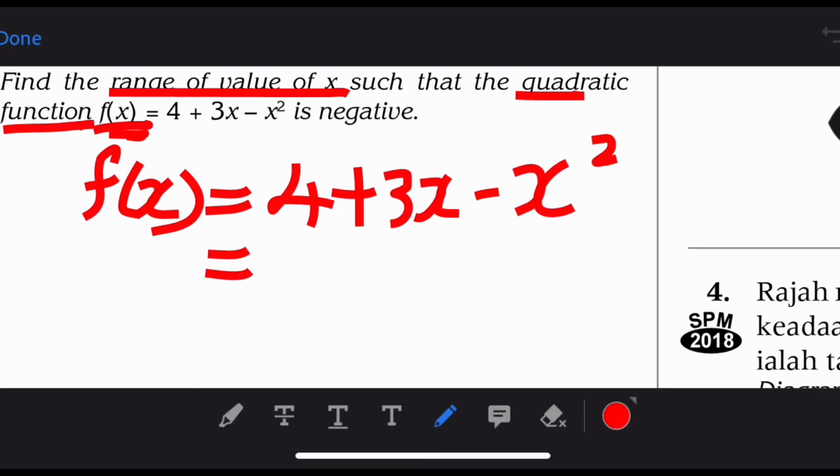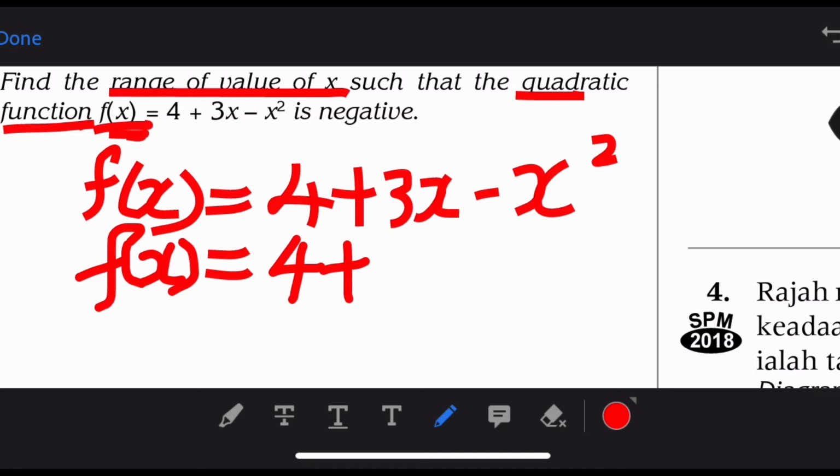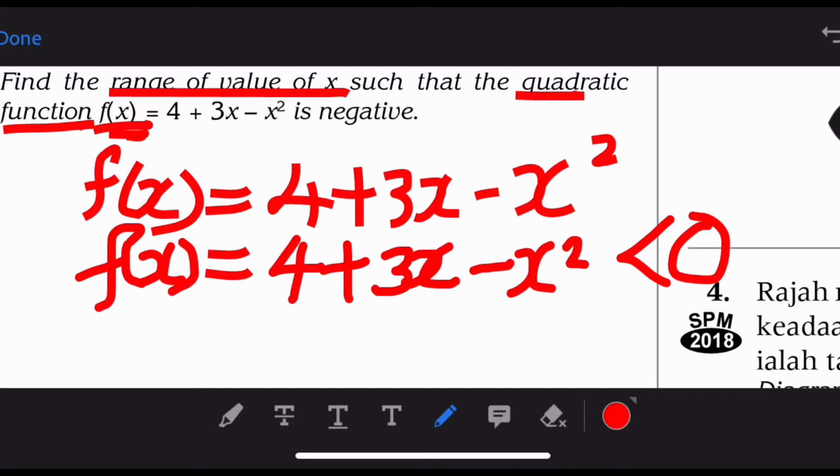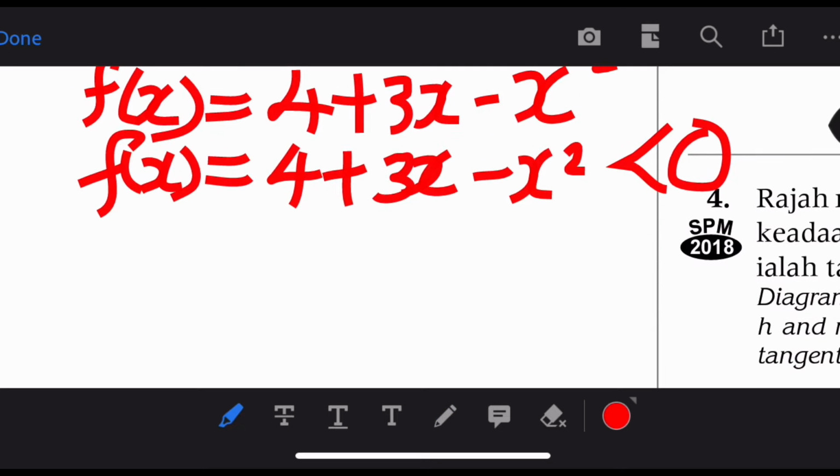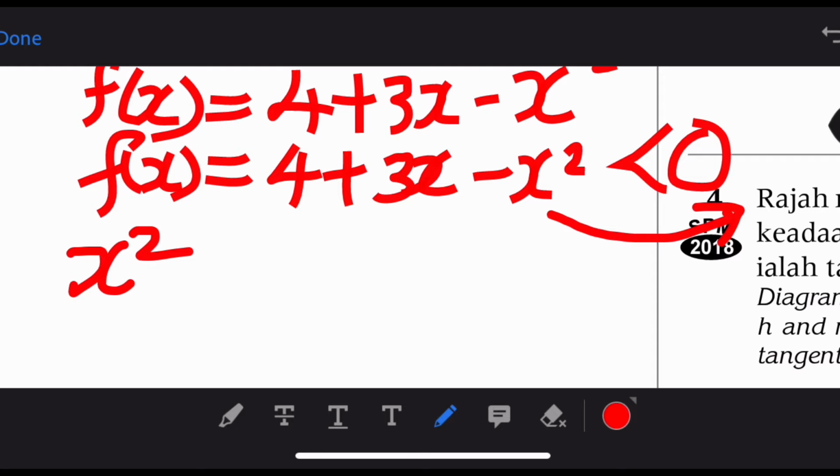You have to write all the way down like this. When the function is always negative, it means that this function is going to be less than 0, right? Function is negative. So we need to stick to positive, bring to the right.